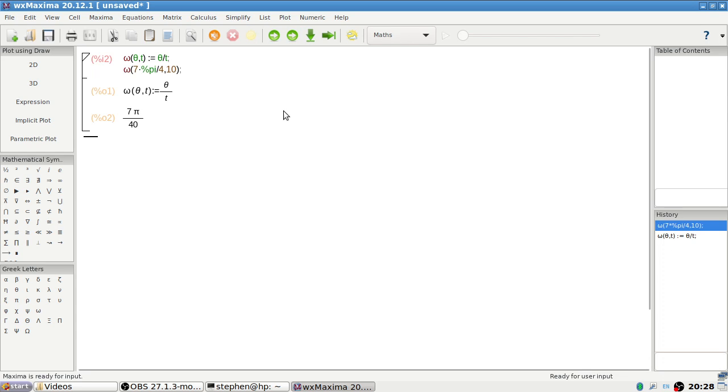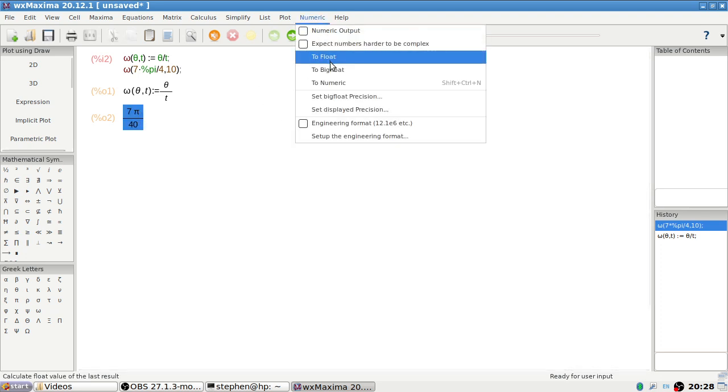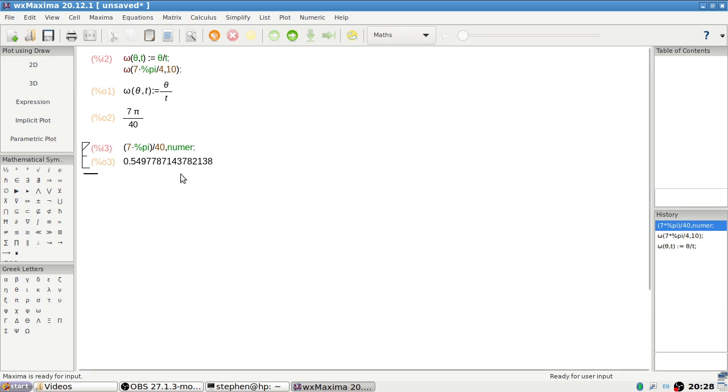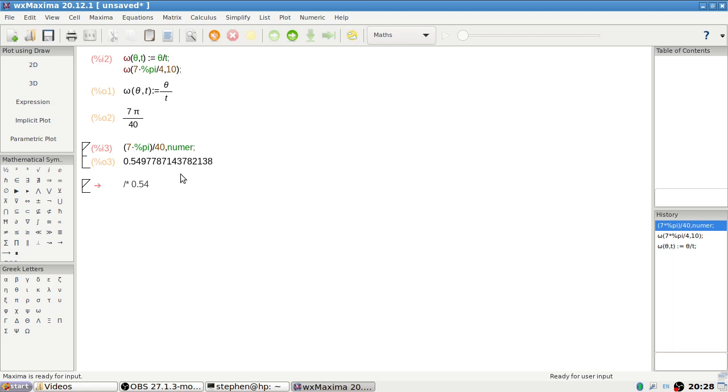Okay, actually I can check the answer. 175. Oh yeah, and we have to get it to the thousandth, don't we? So that would be 0.549, so 550 radians per second. Okay, so that's the first answer, and that is correct. Excellent.